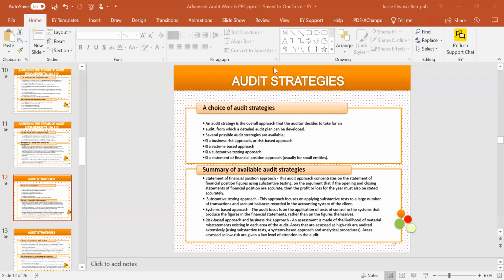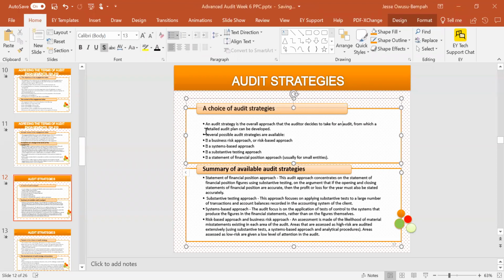I guess I must take my time to go through this, but for those doing strategy, some of these things might be familiar. A choice of audit strategies. An audit strategy is the overall approach that the auditor decides to take for an audit.